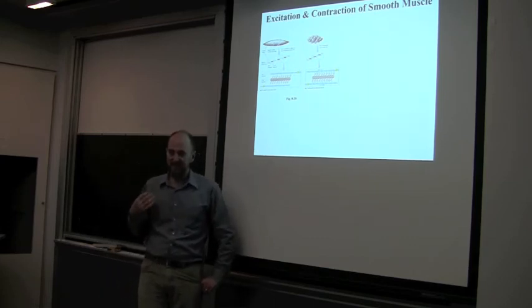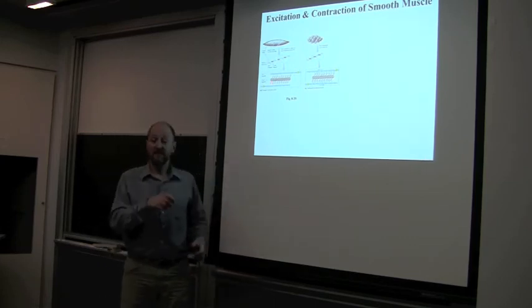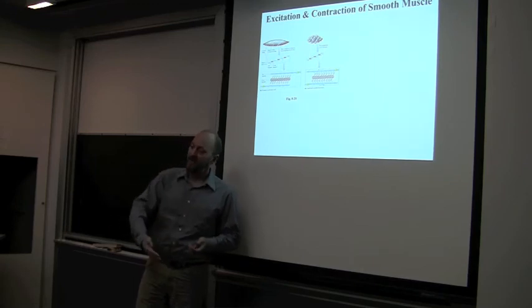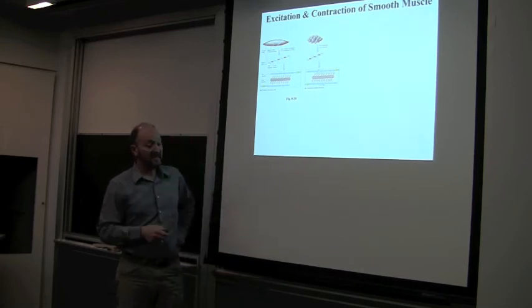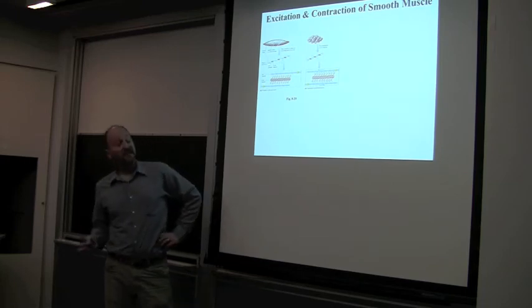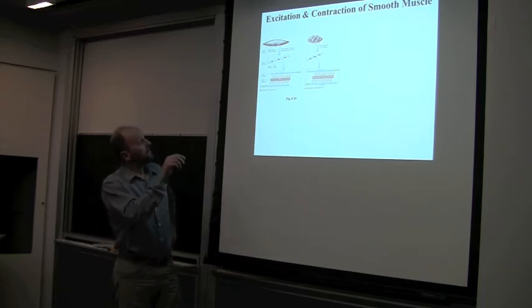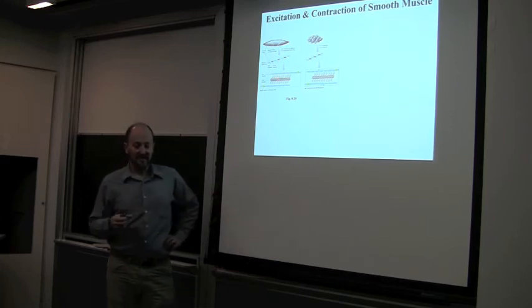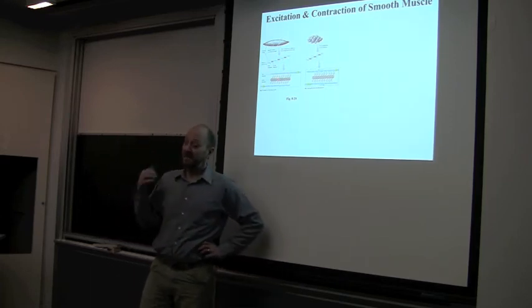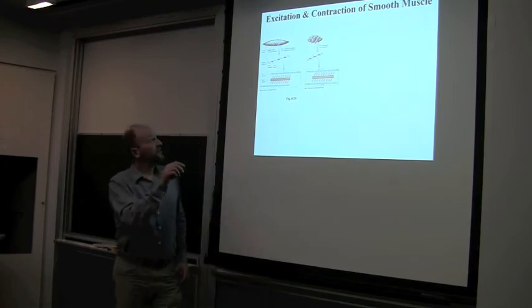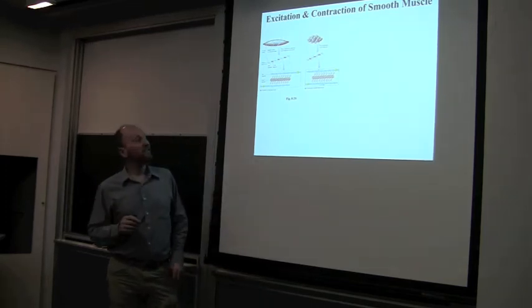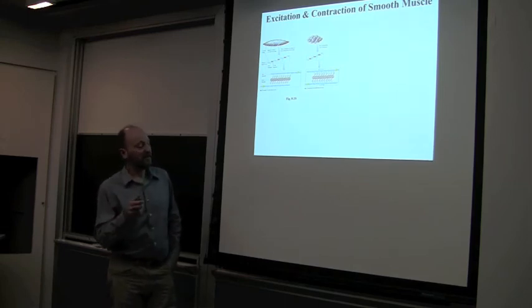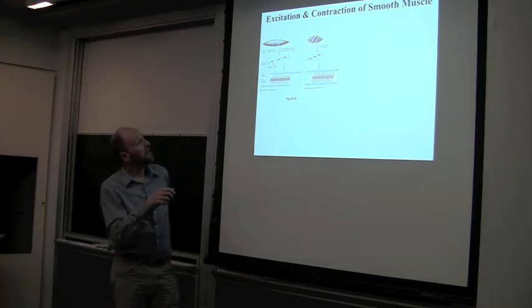Remember, in skeletal muscle and in cardiac muscle, the thin filaments were coated with that tropomyosin, which is inhibiting the ability of the myosin heads to reach up and bind to the actin. In smooth muscle, there is no regulation on the thin filaments. The regulation is on the thick filaments, on the myosin heads. The myosin heads have to be phosphorylated in order to activate them to be able to bind to the thin filaments. So that's one major difference between a smooth and striated muscle.